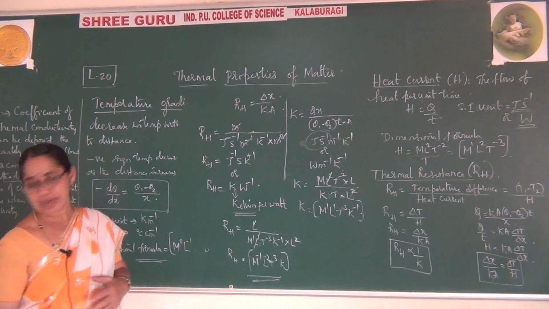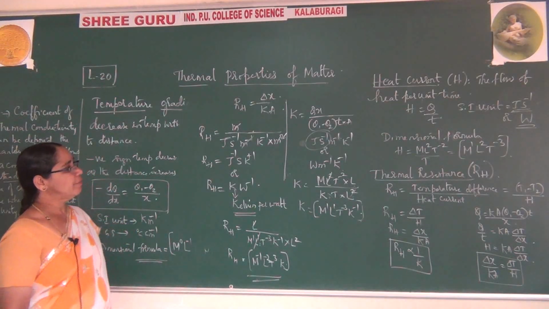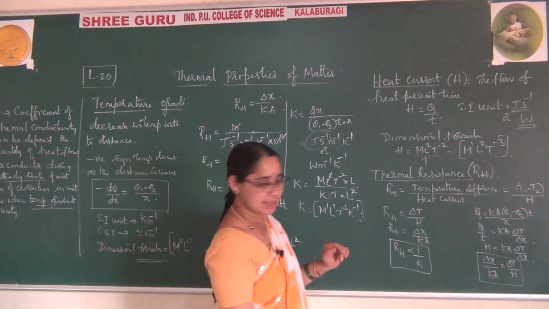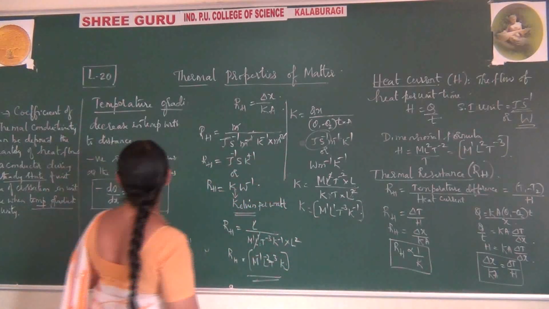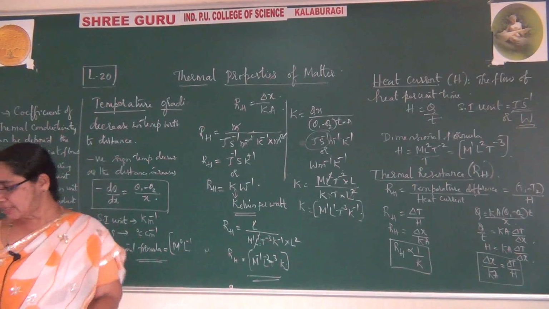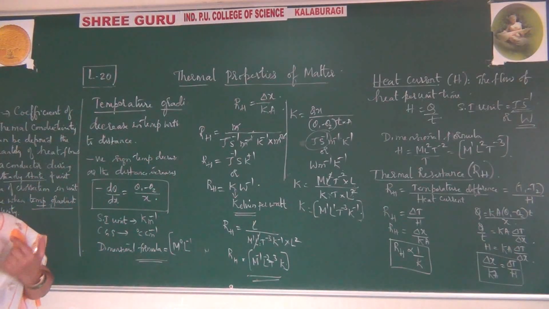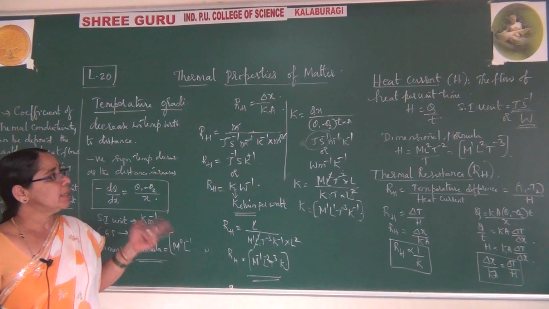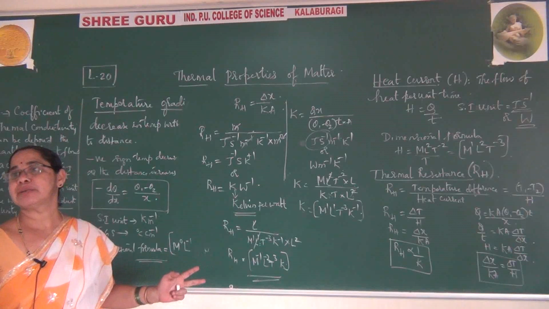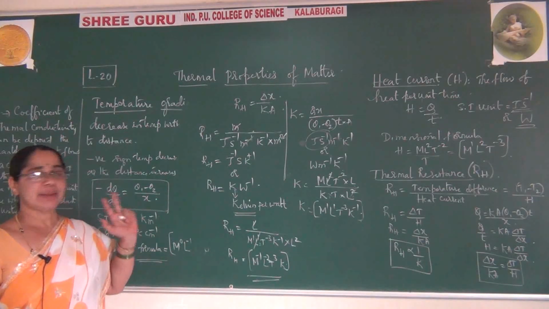So this is what today we have learned: some of the definitions like heat current, thermal resistance. Along with that, today we have learned one more, temperature gradient. Using all this, we have learned the definitions, SI unit, dimension formula. Any of these questions may be expected in objective questions.